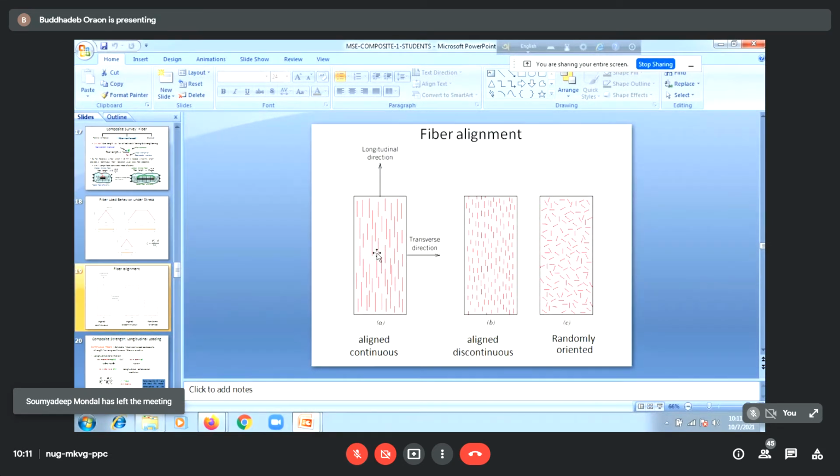There can be a chopped length, but the only criterion is that if the length of the fiber is greater than 15 times LC, then we say it is continuously oriented. In the first diagram, the length of the fiber is slightly bigger, so we can say this is continuous reinforced fiber, and this is discontinuous because the criterion L greater than 15 times LC is not fulfilled here.